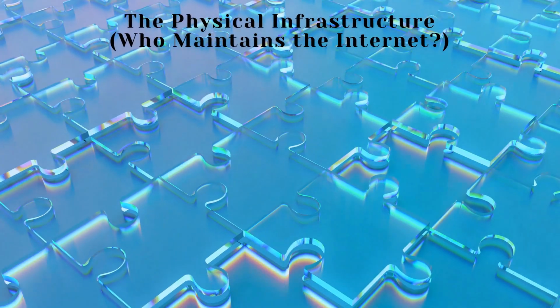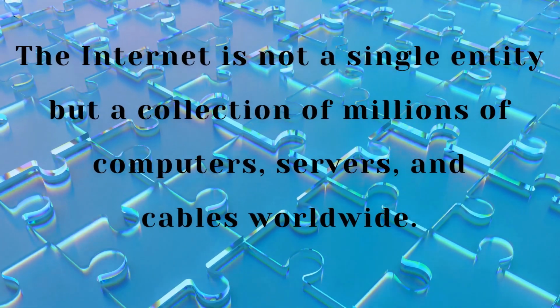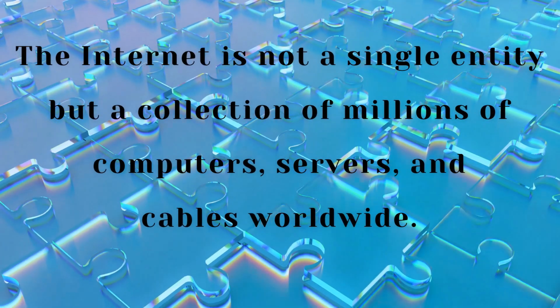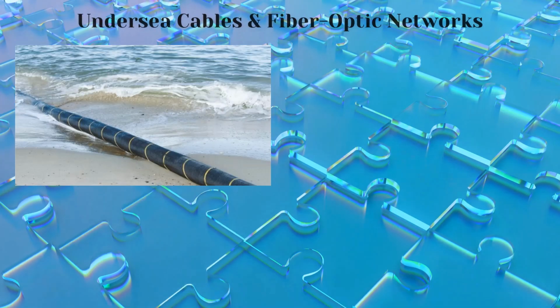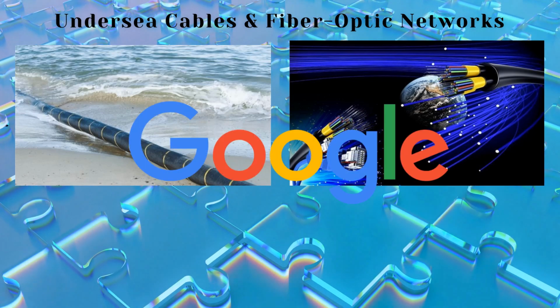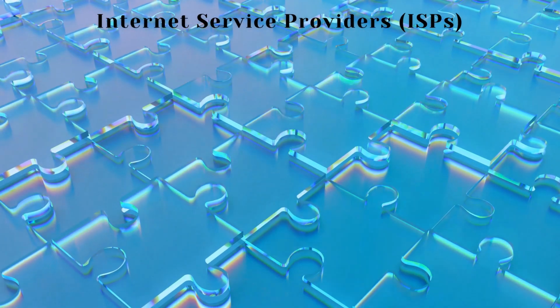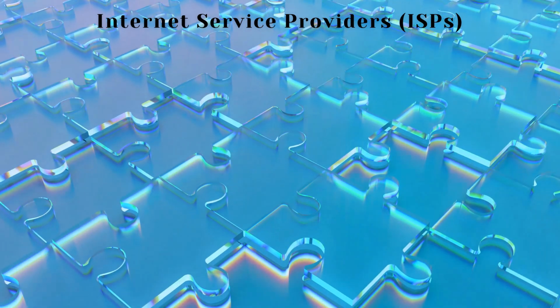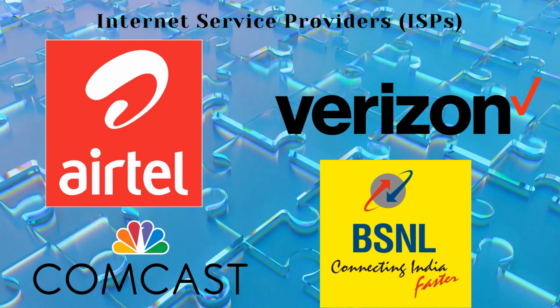Let's see the physical infrastructure. Who maintains the Internet? The Internet is not a single entity but a collection of millions of computers, servers, and cables worldwide. Undersea cables and fiber-optic networks are owned by private companies like Google, Meta, AT&T and Tata Communications. Internet service providers, ISPs, companies like Airtel, Verizon, Comcast, and BSNL provide Internet access.